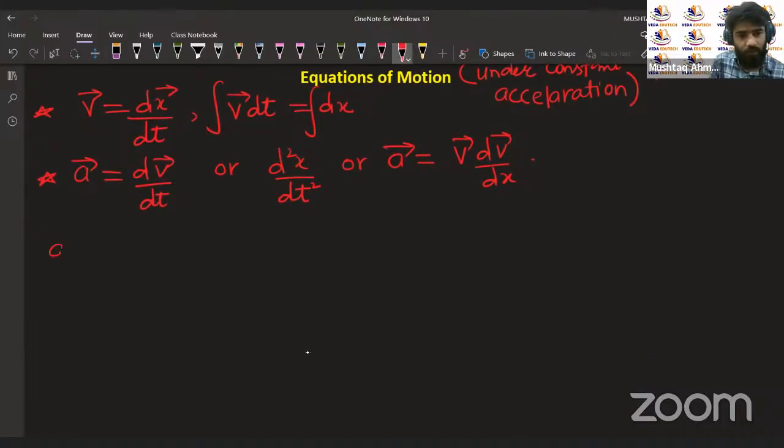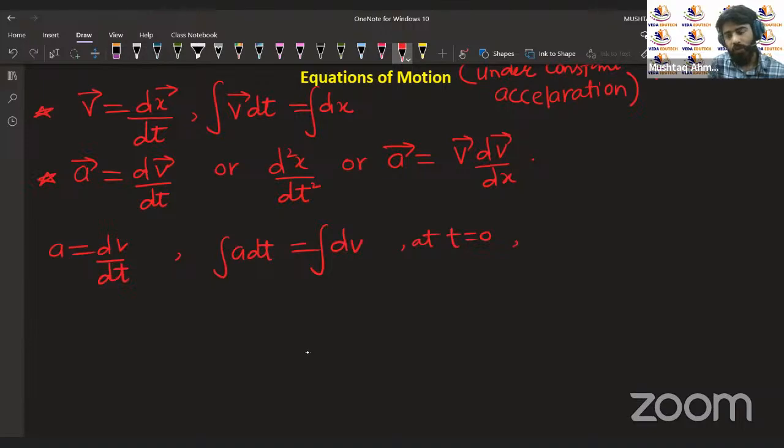So for a, we can use the equation a is dv over dt. Then the integral of a dt will be equal to dv. Let's suppose at time t equal to 0 the velocity was u, the initial velocity, so the limits go from u to v, and we have assumed that a is constant.